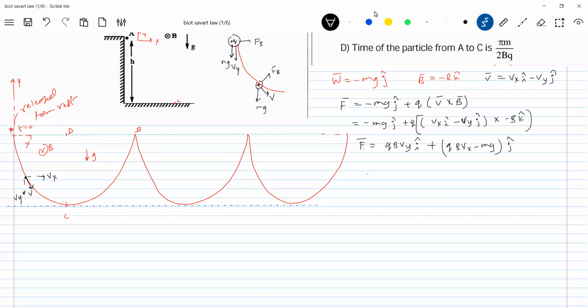Expanding that bracket, the cross product, then grouping all the j component terms, because one is j and another is i cross k, j will come, j cross k, i will come. So finally I'll end up with this much of the equation. Okay, keep it. So now what is F? F should be the total force, the resultant of FB and mg. That's what I wrote. So this should be equal to m dVx by dt i cap.